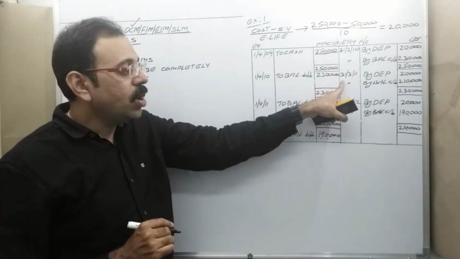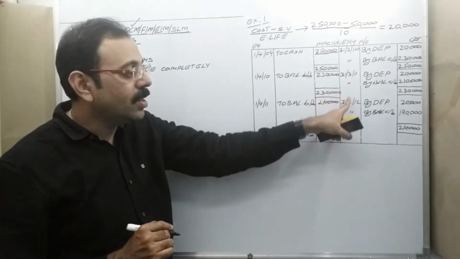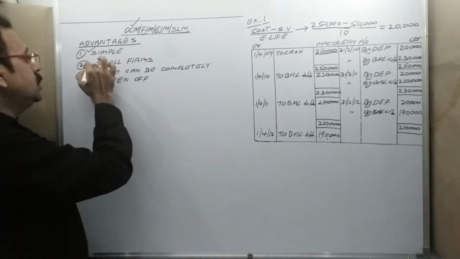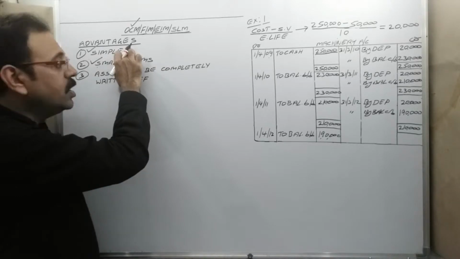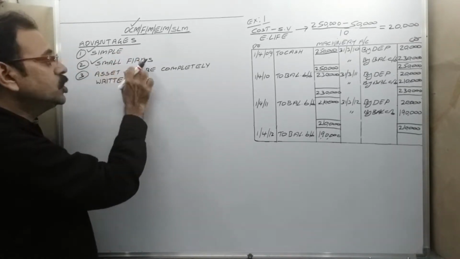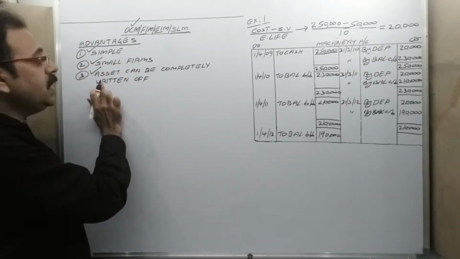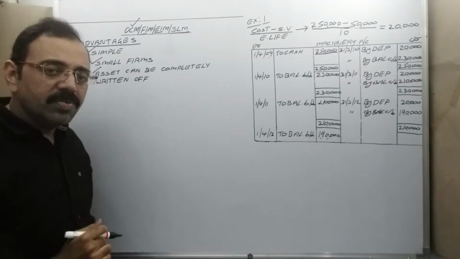So from second year onwards, same depreciation we can take. We need not to calculate the depreciation again and again. Second advantage is, since this method is simple to understand and calculate, this method is suitable for small firms. Then third advantage is, asset can be completely written off. What is the meaning of this?